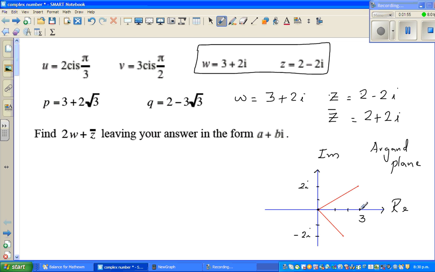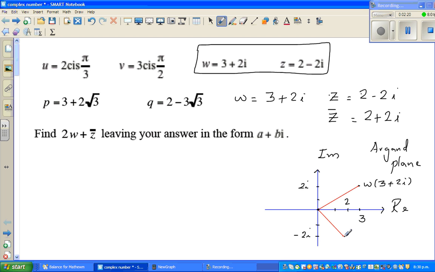This is 3 on the real axis, and this is 2i on the imaginary axis. So this point in this plane is called W, which is 3 plus 2i. And this is 2 on the real axis, and minus 2i is on this imaginary axis.